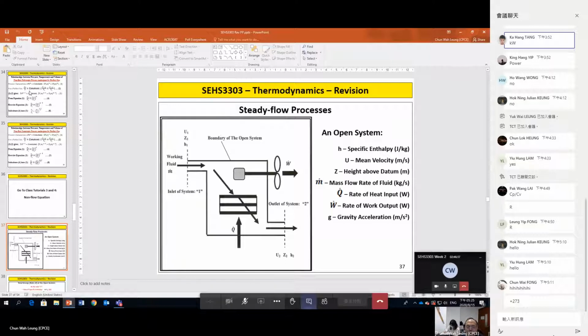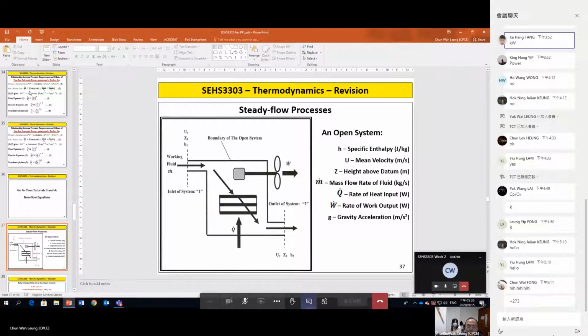Both Q and W have a dot on top. That means, talking about the heat, it is the rate of heat transfer, how many kilowatt of heat is supplied. And for the work, it's the rate of work done. Therefore, it's the power, also in kilowatt.